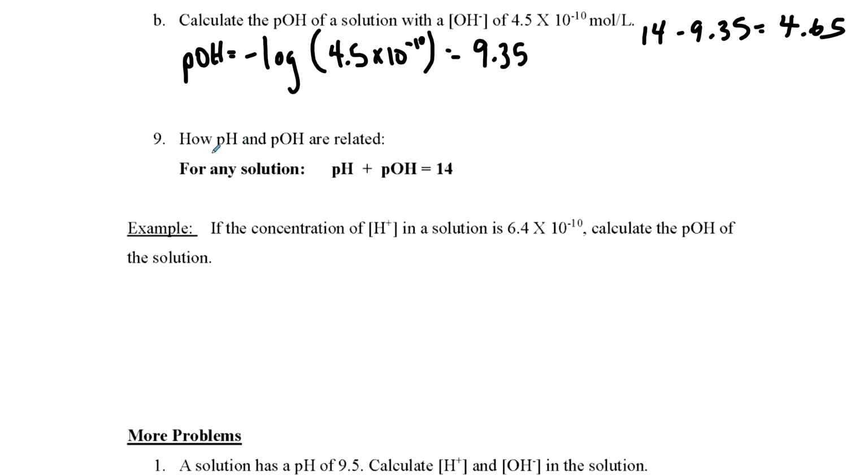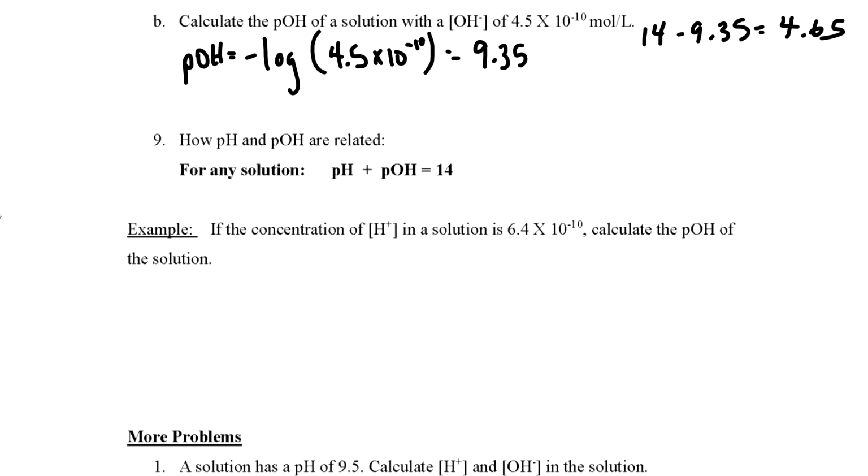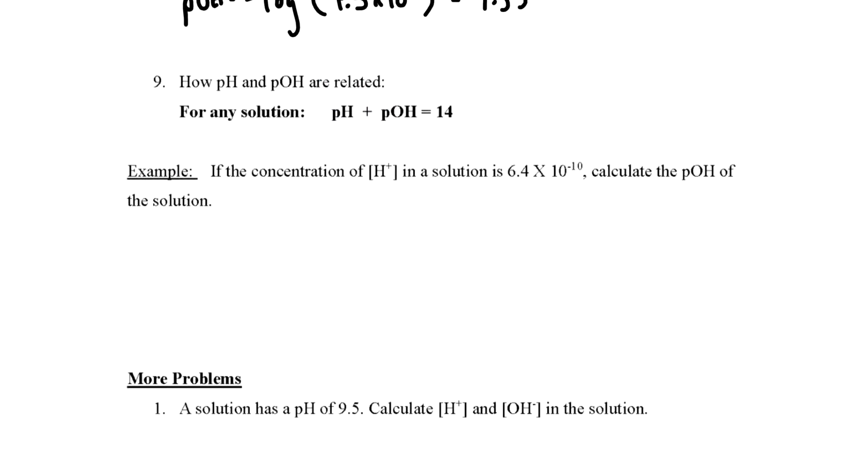So pH and pOH have to add together to equal 14. Okay, so for example, if the concentration of H plus ions in a solution is 6.4 times 10 to the negative 10, calculate the pOH of the solution.